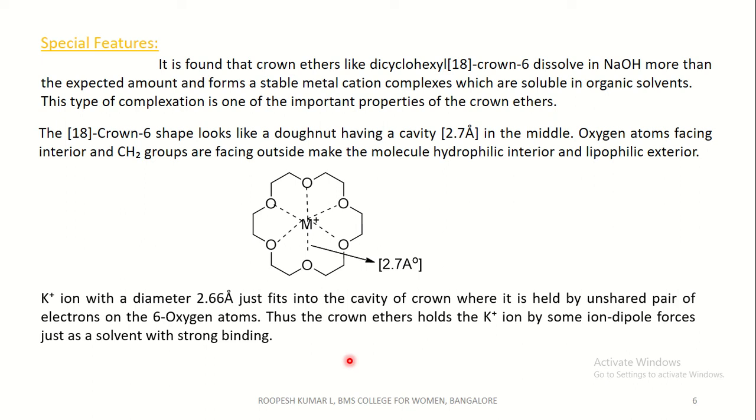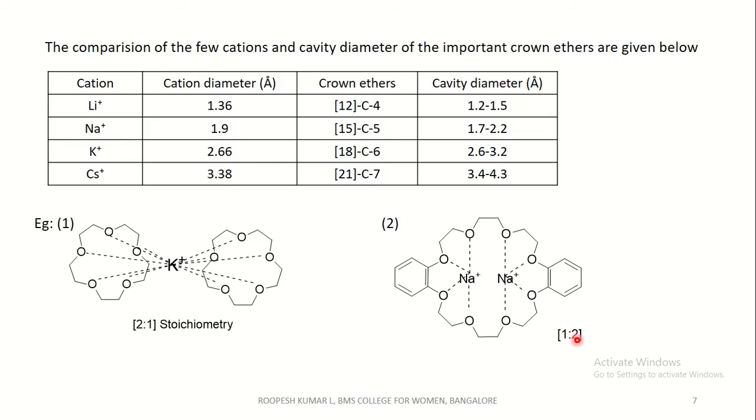If it is Na plus, even Na plus can fit into this crown. Thus the crown ether holds the potassium ion by ion-dipole forces, just like a solvent with strong binding. The comparison of a few cations and the cavity diameters of important crown ethers are shown below.